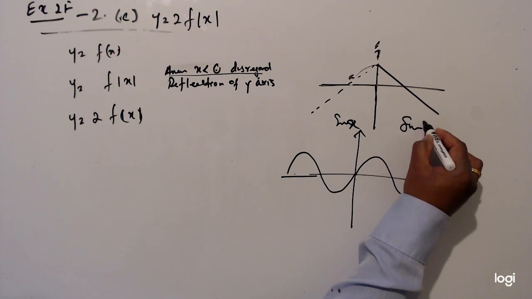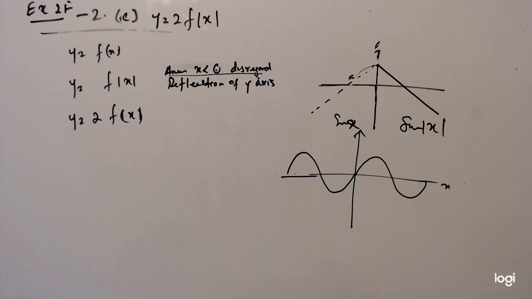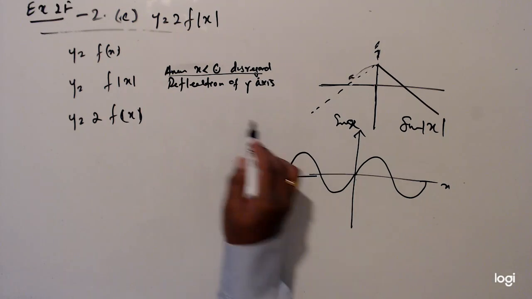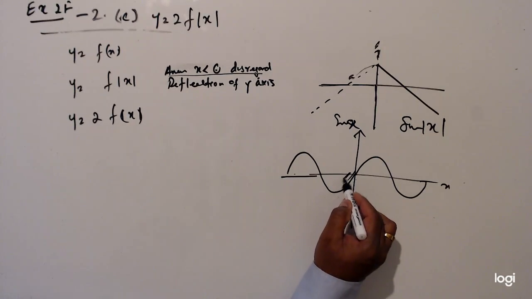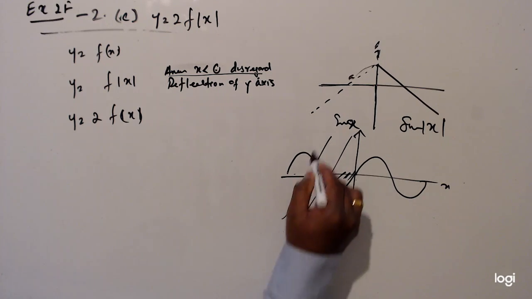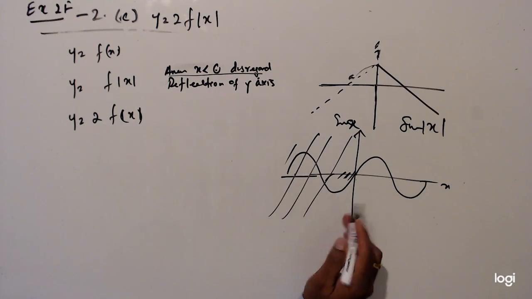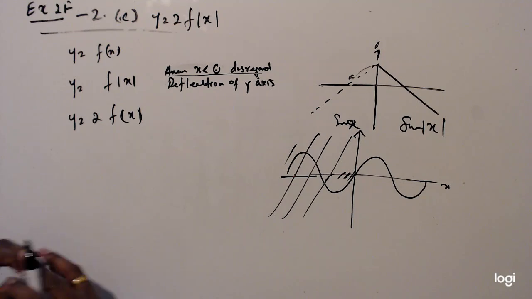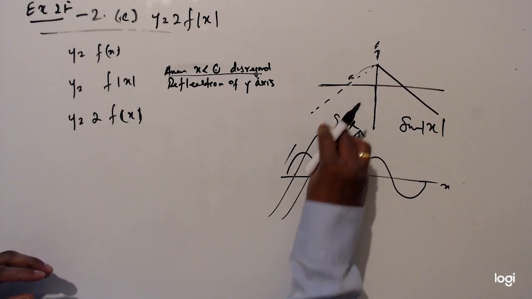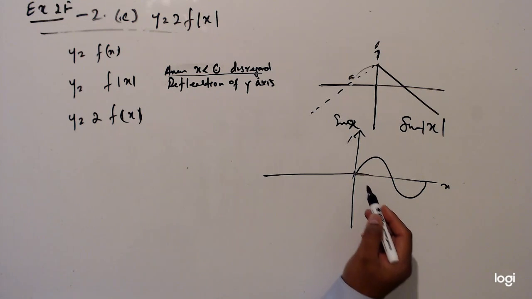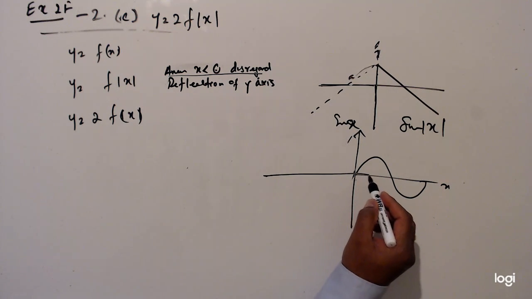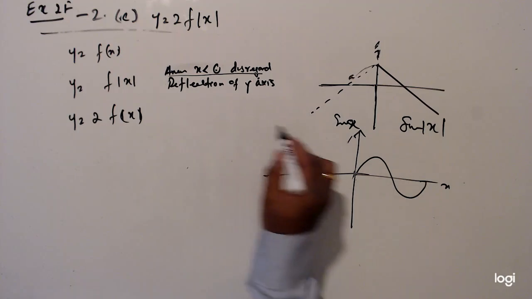If we need sine mod x, what shall we do? We want to select the area where x is greater than 0, so the area where x is less than 0, this side of the graph we have to disregard. Then for the remaining part we need to take the mirror reflection.